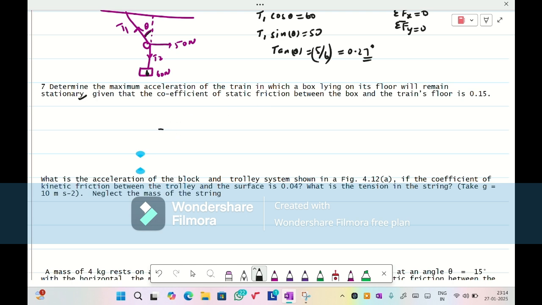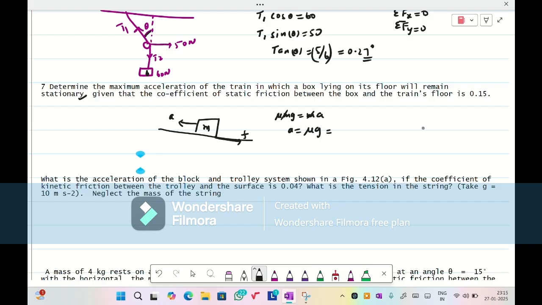The train has some acceleration, but the box is stationary. That means a pseudo acceleration is there like this. This is the acceleration of the train on the box, and it is stationary, which means there is friction. Therefore, mu mg is equal to ma. So this is the acceleration of the train. Therefore a is equal to mu g.